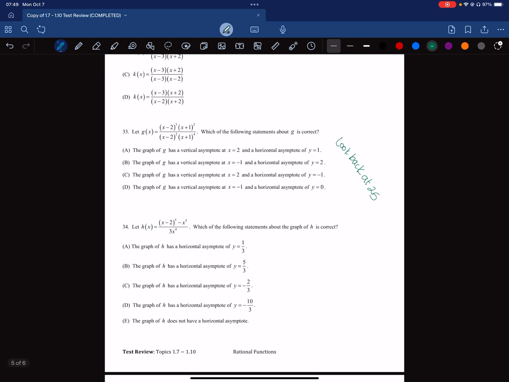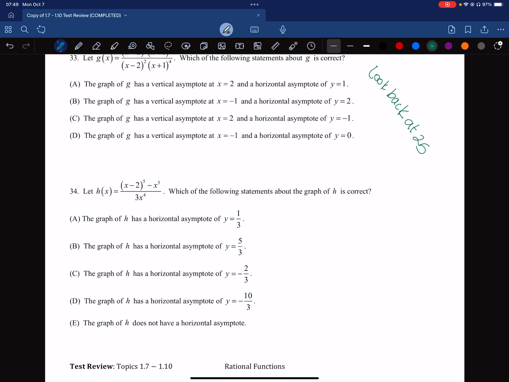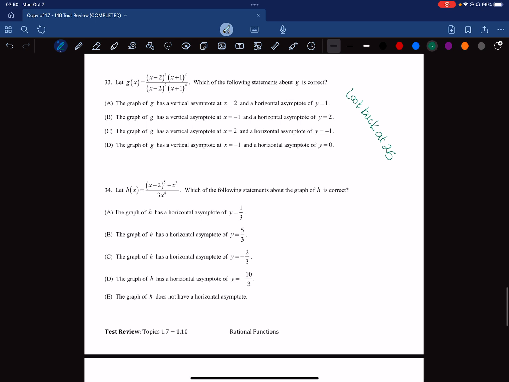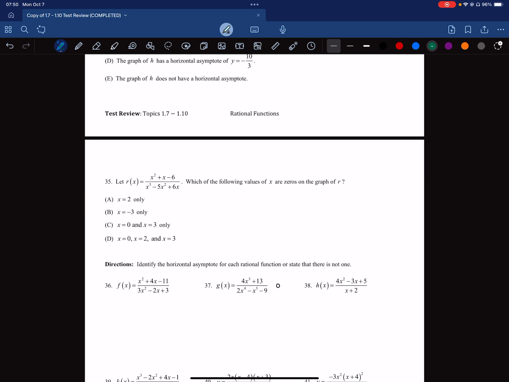Okay, 34 is talking about a horizontal asymptote. So with this, you just have to be careful with it whenever you're combining like terms. Okay, 35, make sure you factor.